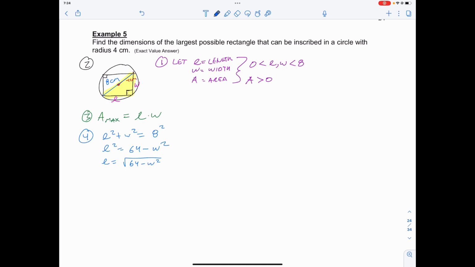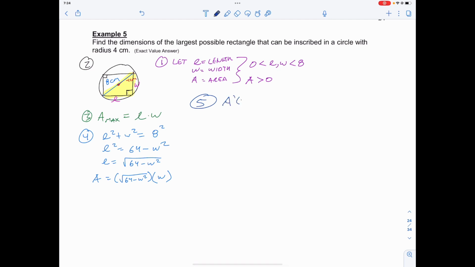And then I'm going to sub that back into the formula. The area is going to equal the square root of 64 minus the width squared multiplied by the width. We get to step 5 and we have to derive. We are going to use the product rule.